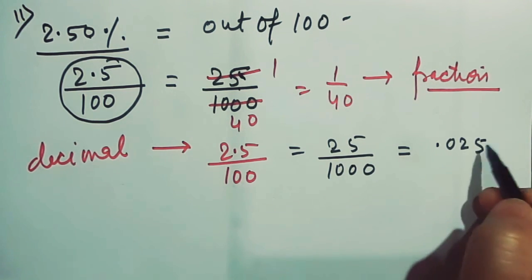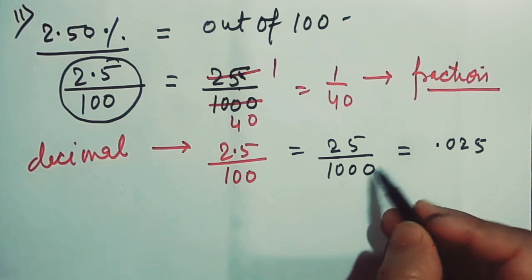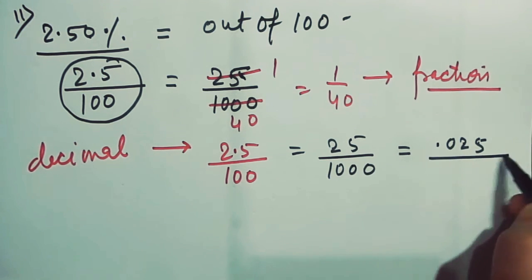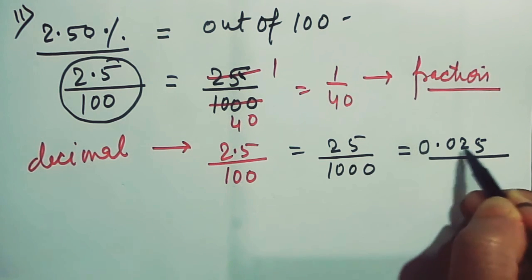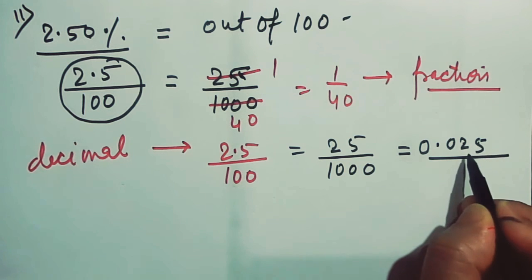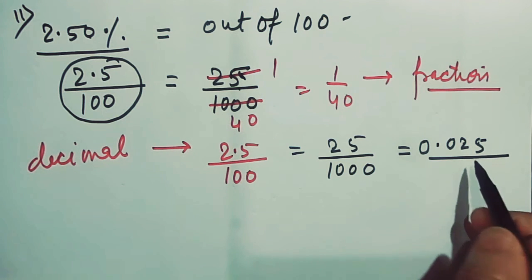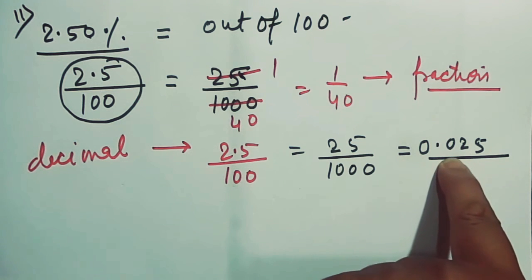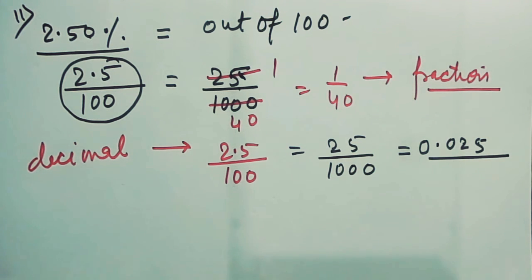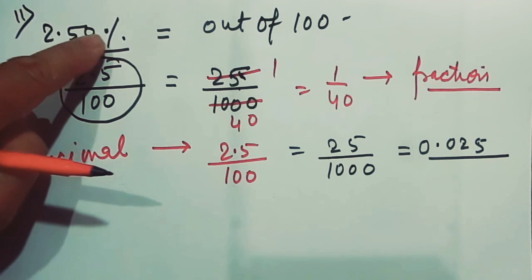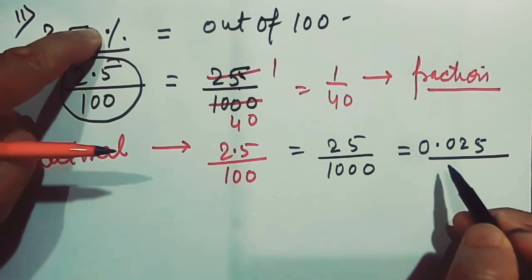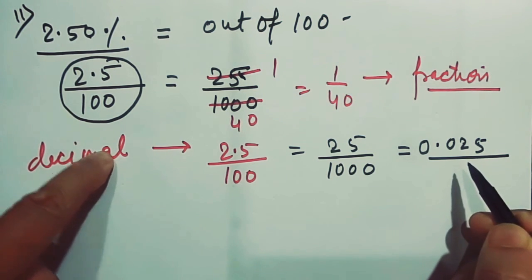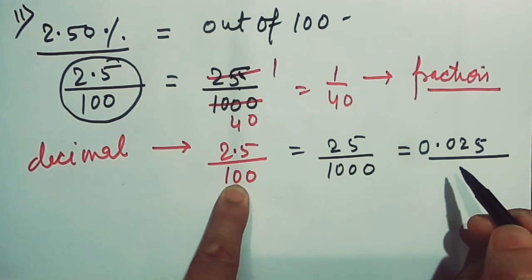0.025. You can see 1, 2, 3. So on cancellation, we'll get 0.025, isn't it? It is in decimal form, so you should not write it as percentage. Okay, this was in percent form. Now when we change it into decimal, we divided it by 100.